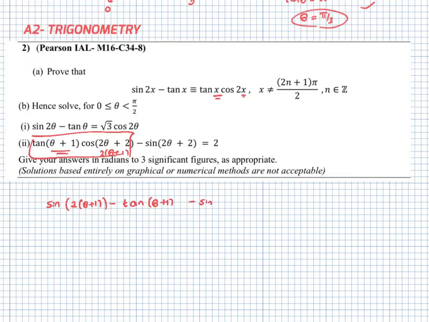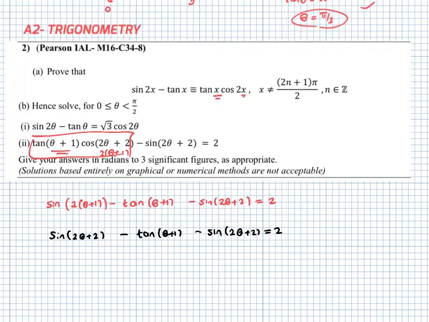And I have here sine 2 theta plus 2 is equal to 2. If I expand this bracket, we will get sine 2 theta plus 2 minus tangent theta plus 1 minus sine 2 theta plus 2 is equal to 2.